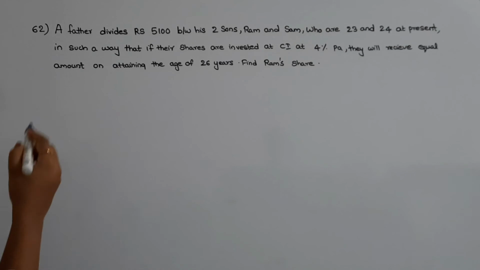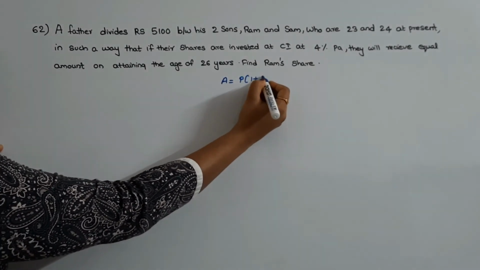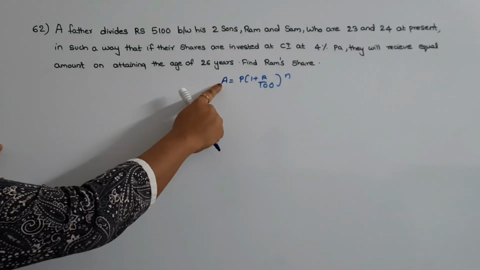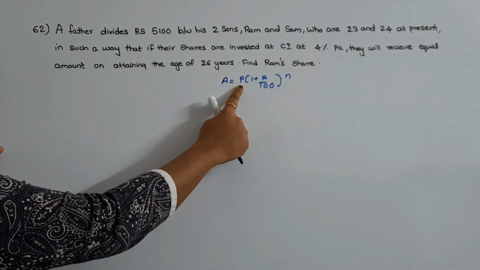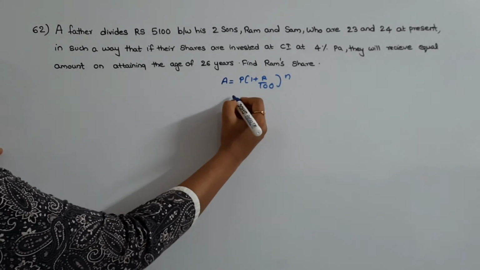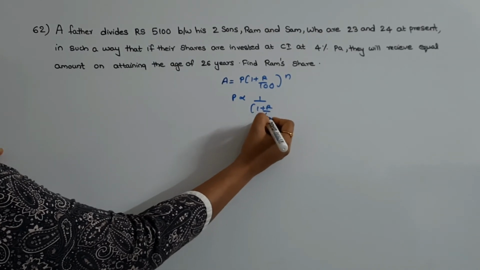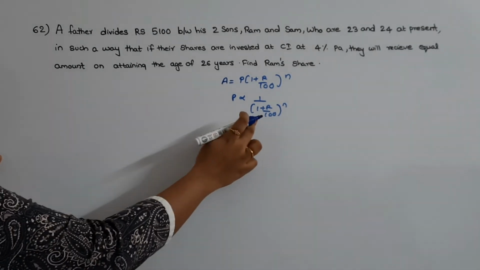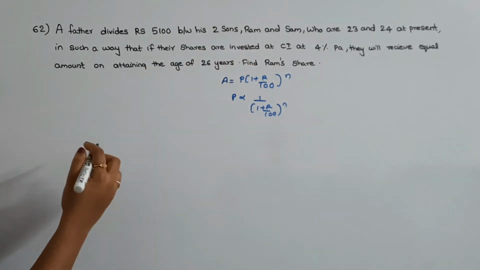So in compound interest, we know that amount is equal to P into 1 plus R by 100 whole raised to N. So for a particular value of amount, or when the amount is same, this principal will be inversely proportional to this 1 plus R by 100 whole raised to N. Now what is the ratio of 1 plus R by 100 whole raised to N for Ram and Sam?